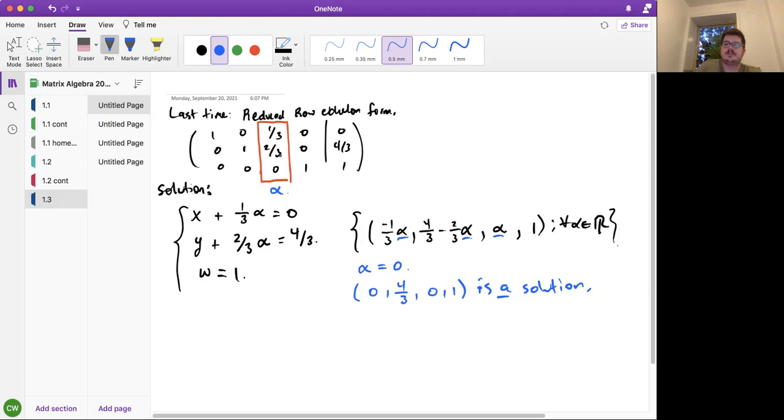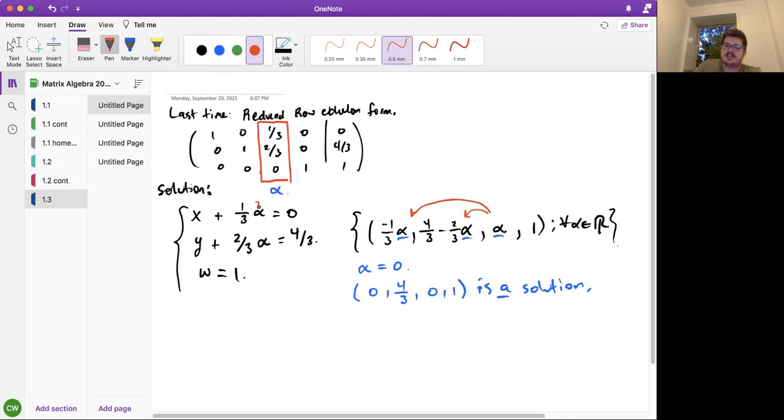Yeah, z is just alpha. So whatever your third coordinate is, it can be whatever you want, as long as the other coordinates depend on that position. Does that make sense? The first line says whatever x is, it must be -1/3 of whatever z is.